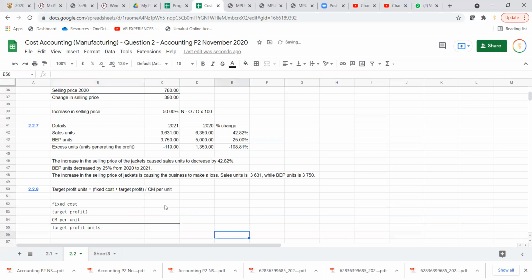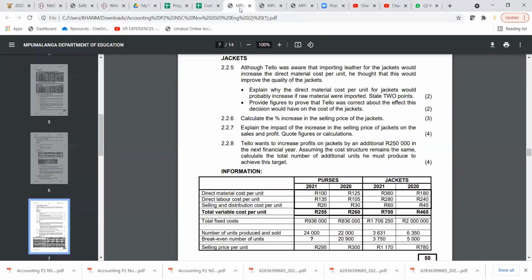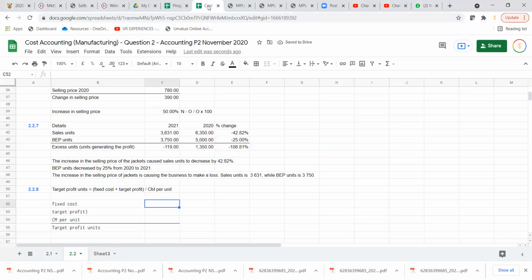Okay, so the fixed cost is given to us as 1,706,250 rand. The target profit is given to us as 250,123.